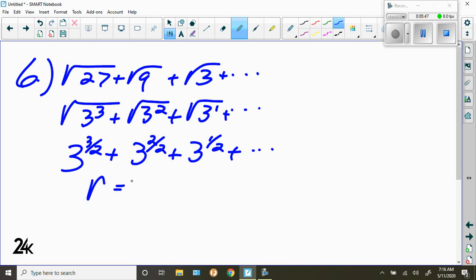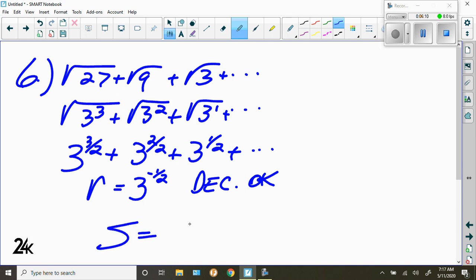R has to be 3 to the negative half because remember you would add powers again. So it's like I'm subtracting a half each time. Okay, I can do this. And this time decimals are okay. So let's do it. So the sum would be the square root of 27, and then 1 minus 3 to the negative half.